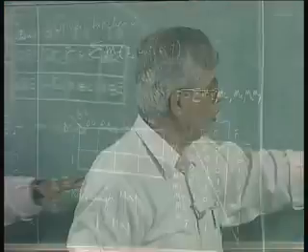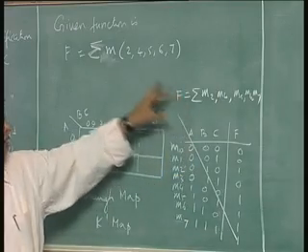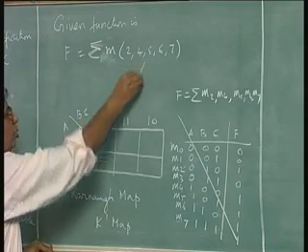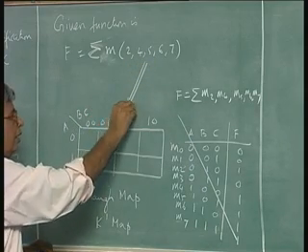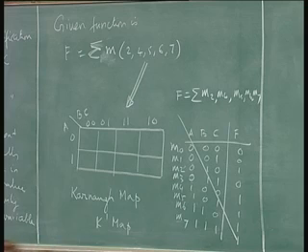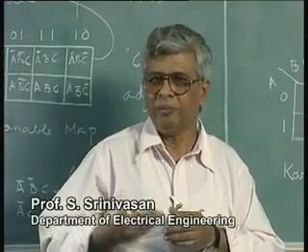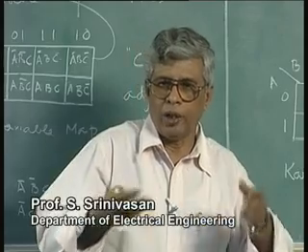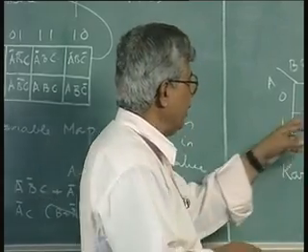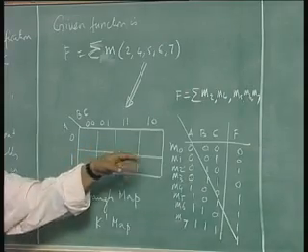So, I do not need to give you this; from here, you should be able to directly come to this. Now, in order to help you in the beginning, later on you may drop this, you can write these minterm numbers in the cells.